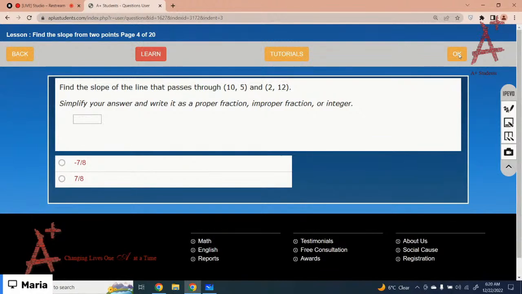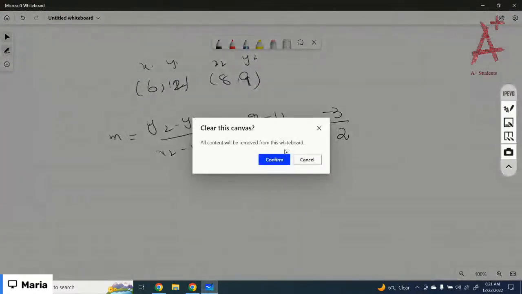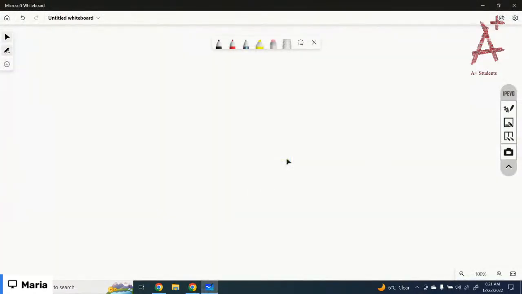Got it? Okay, find the slope of the line that passes through the points (10, 5) and (2, 12). So you have the points 10 and 5, 2 and 12. Okay, you have to find the slope, that is m equals y2 minus y1 divided by x2 minus x1.